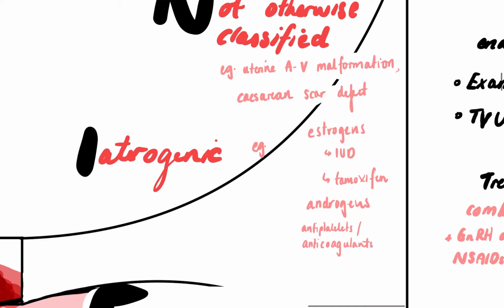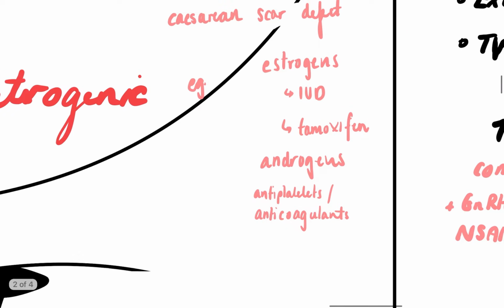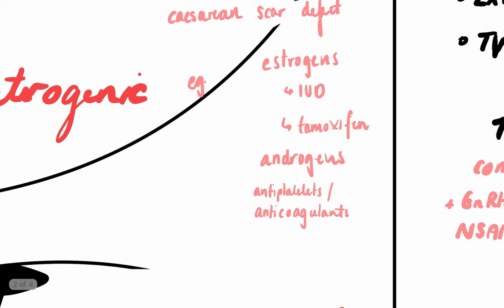This could be due to a person receiving estrogens in the form of an intrauterine contraceptive device, such as the Mirena, or tamoxifen, which is a cancer drug for people with breast cancer. If someone's also receiving exogenous androgens, or anticoagulants or antiplatelets, this can increase their tendency to bleed.